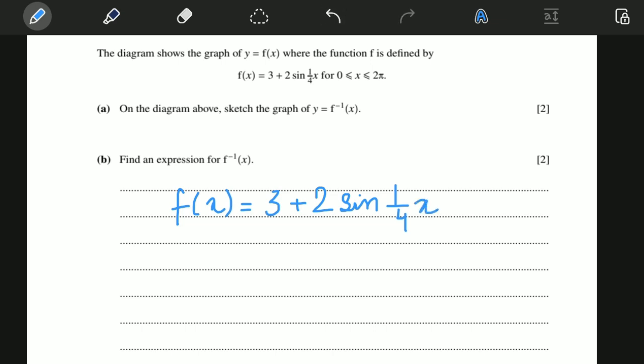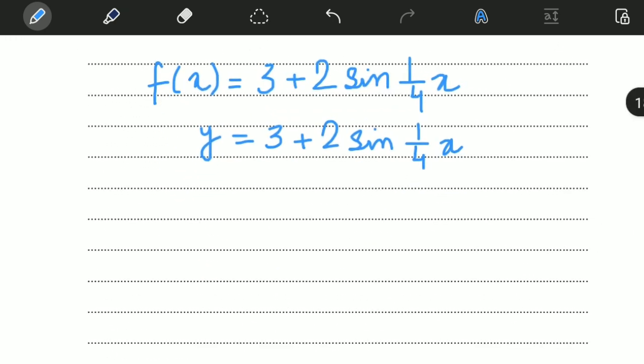Now we put it equal to y. y equals 3 plus 2 sine 1 by 4 x. Now what we do is make x the subject. So y minus 3 over 2 equals sine 1 by 4 x.